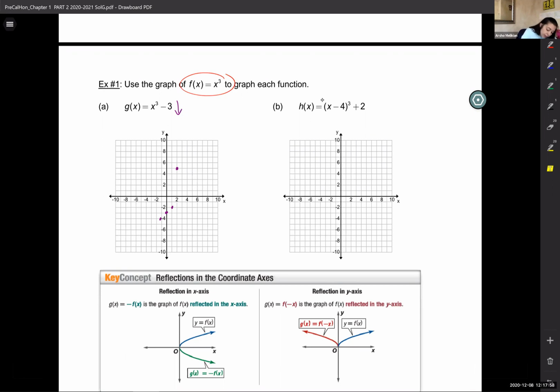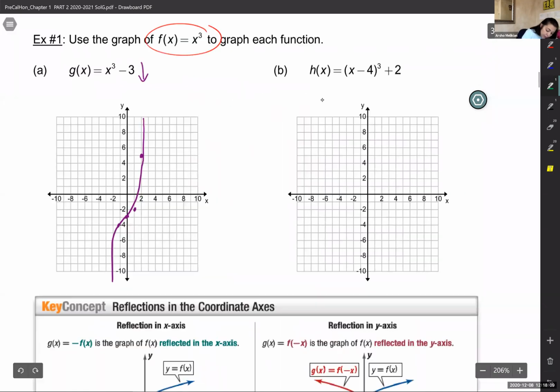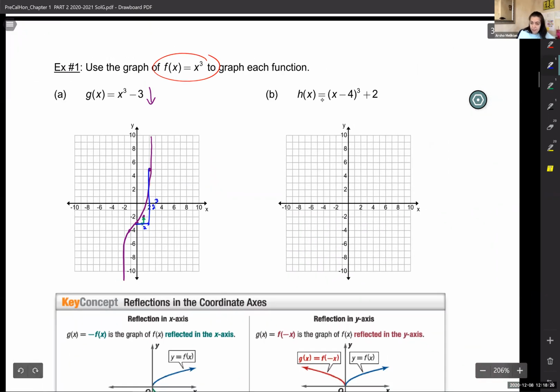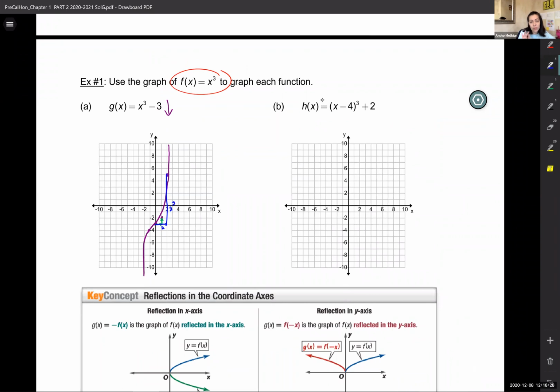Another way to do it is this: since this is x cubed, if you move over 1 unit, you go up 1 cubed. If you move over 2 units, you go up 2 cubed. You could do it that way as well. Does it matter? No. Whatever works for you.